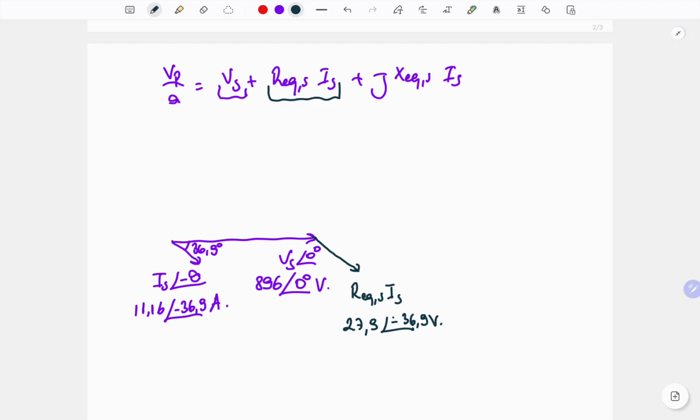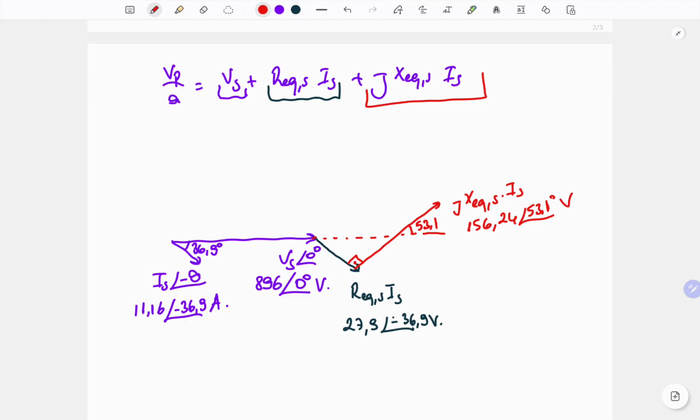Then the next one will be the reactance voltage drop, leakage reactance. So initially we must rotate 90 degrees from our direction. The reason of this one is the complex operator. And after we turn 90 degrees, our angle with respect to reference will be 53.1. So the red arrow represents the reactance, leakage reactance voltage drop, and it will be 156.24 with 53.1 degree.